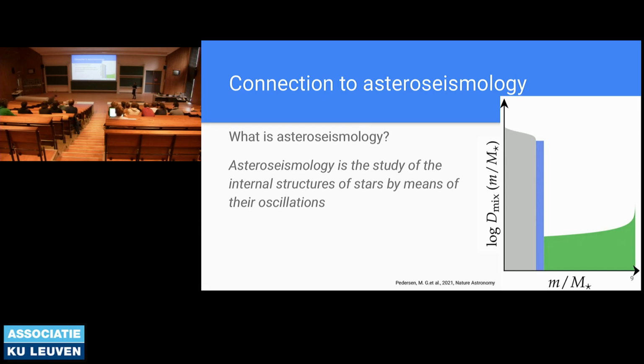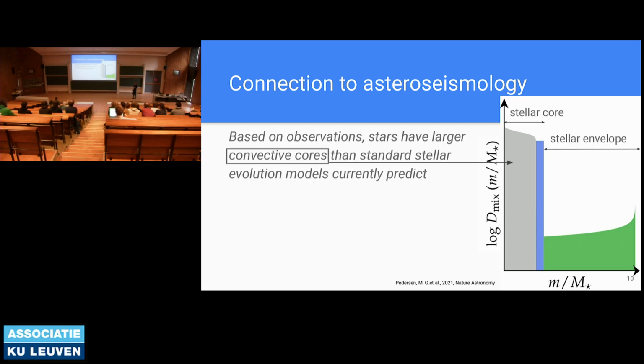Very schematically, the inside of the star, so this is the mass coordinate, here's the inside of the star, here's the surface, and here we show the amount of mixing in different types. So the important part here is that based on the asteroseismic observations, stars have larger convective cores than standard stellar evolution models predict.